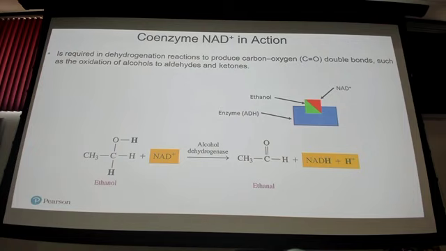And so how this coenzyme carries out its reaction with an actual enzyme, we saw this. This was an example given in the last lecture. So ethanol or alcohol in the presence of the enzyme alcohol dehydrogenase. Alcohol is oxidized, reducing NAD+ to NADH plus H+.